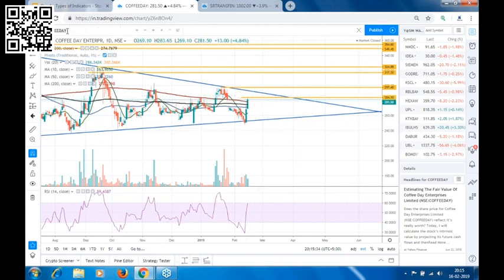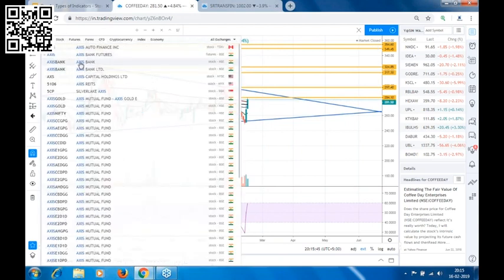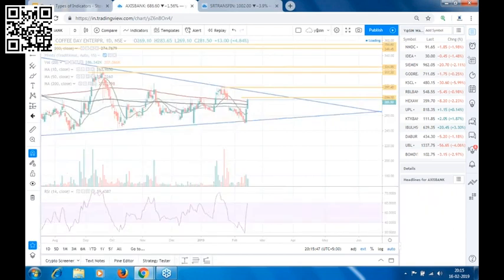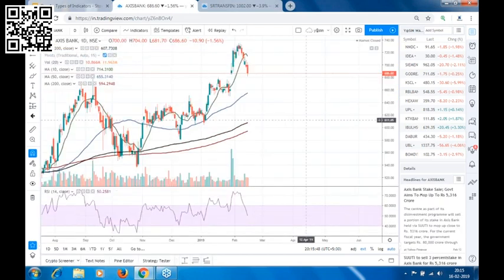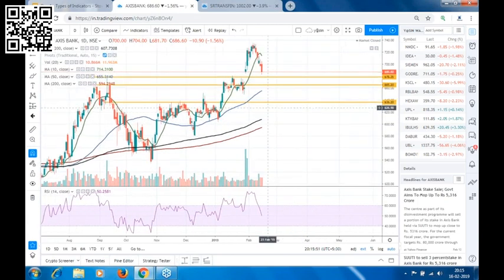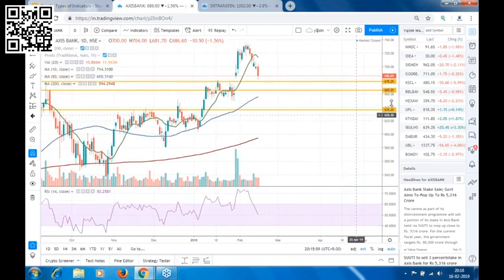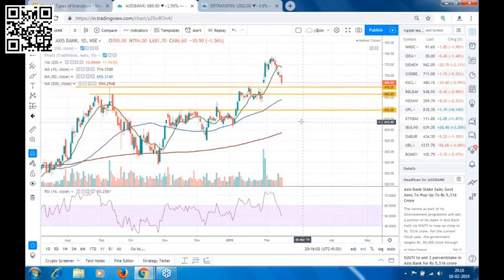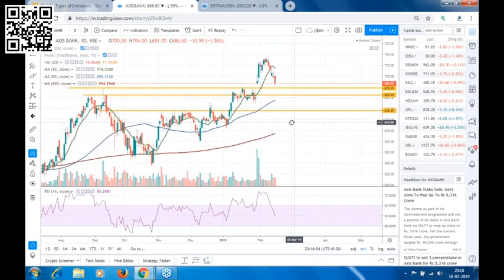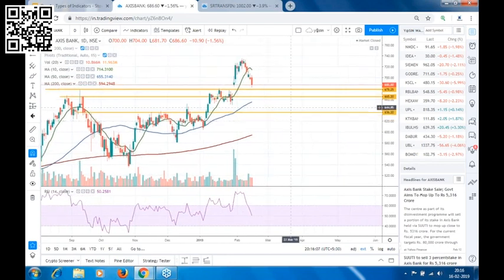Now another stock that we can keep on our watch list is, see, this is Axis Bank. This is your trade from top.